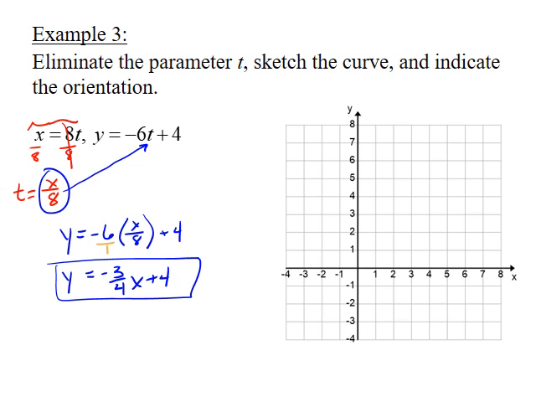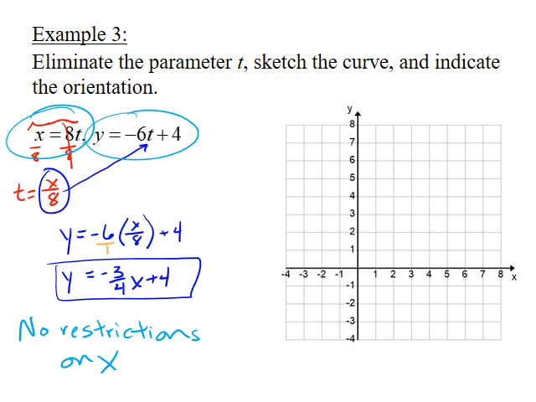Now here's one difference. There are no restrictions on either of these original equations. They're both equations of lines. Nothing crazy is happening. So in this case, for our domain, there are no restrictions on x.